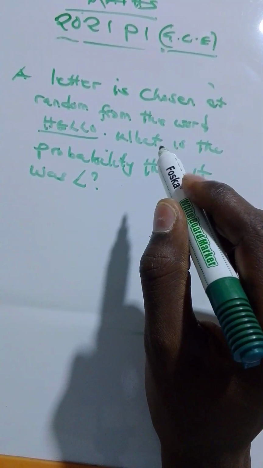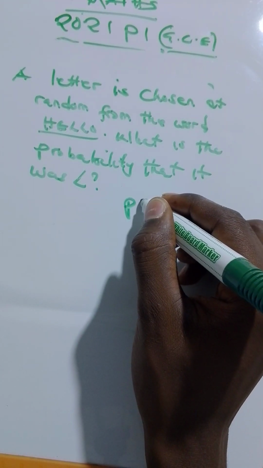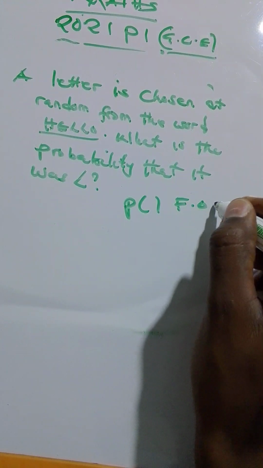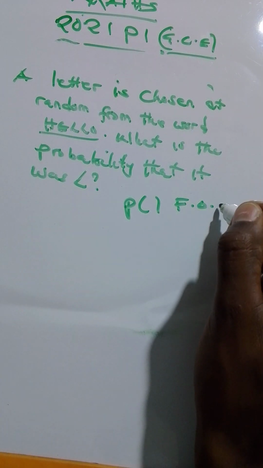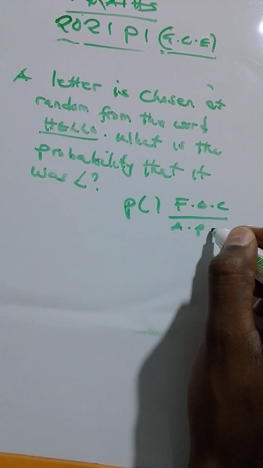So we know that probability is equal to favorable outcome over all possible outcome.